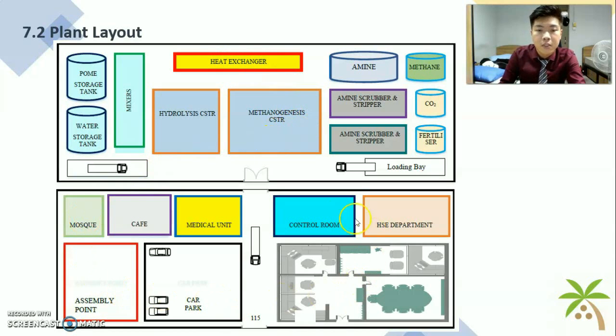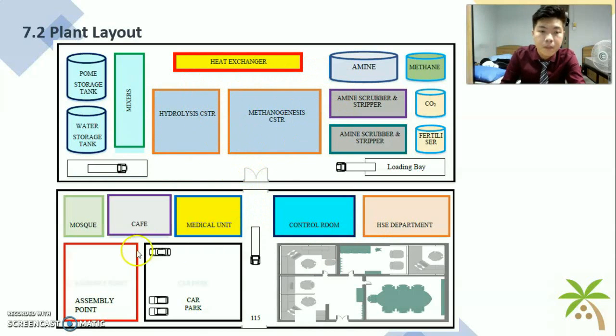And for the non-processing units, the medical unit, control room, and the HSC department are placed near the processing units, because when there is an accident or any emergency, they can be the first response team to the accident.